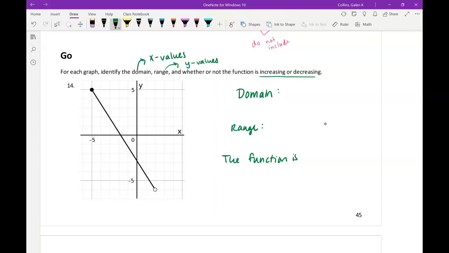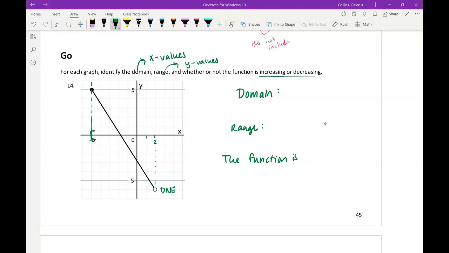So in number 14, if I look at my x-axis, this function exists at -5 because I have a closed circle at -5. However, when I get to where x equals 2, this function does not exist here.